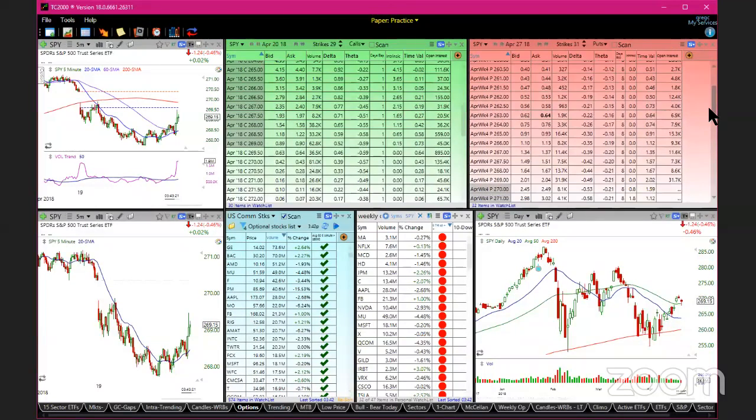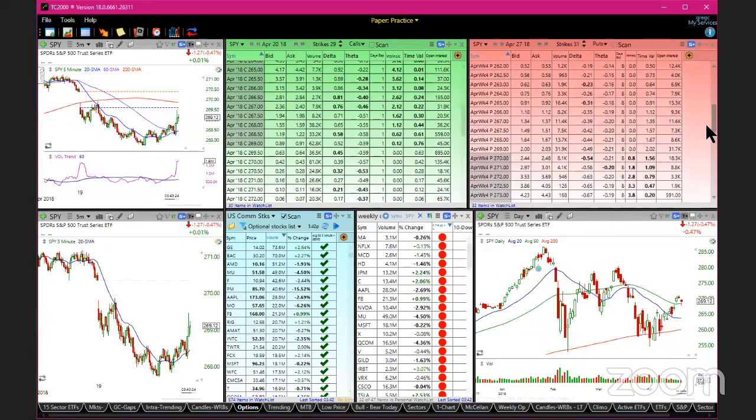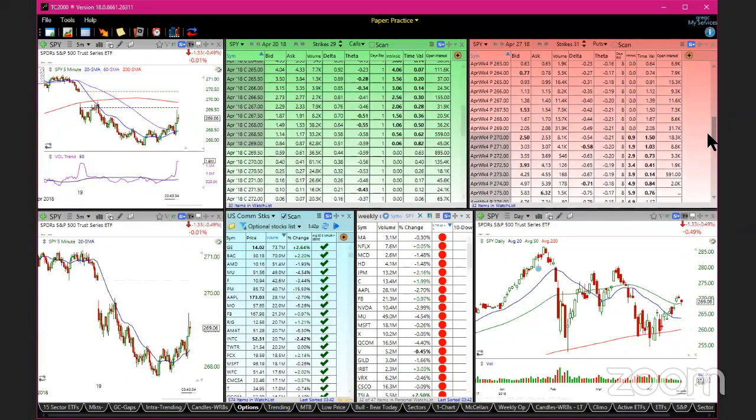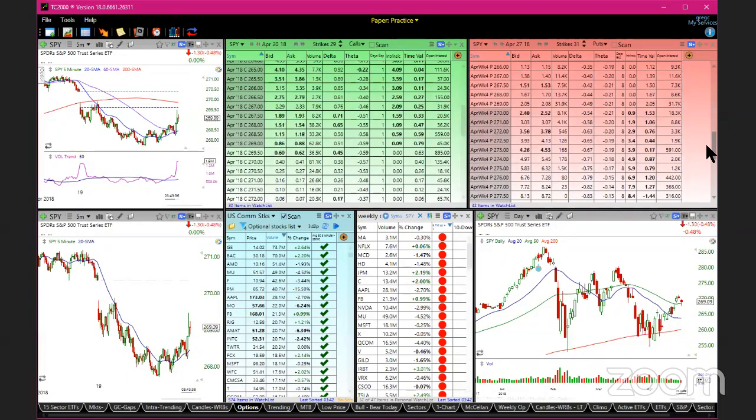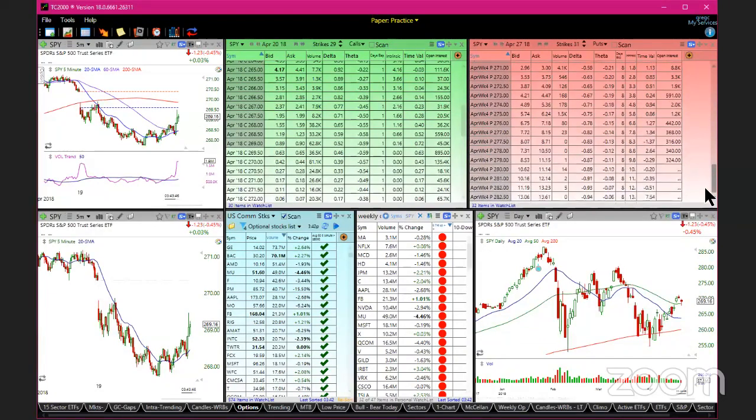I believe so, yeah, definitely. I'm looking at what strike has the big open interest. Let me just clarify for our listeners: every Friday is option expiration, but tomorrow is April monthly expiration.